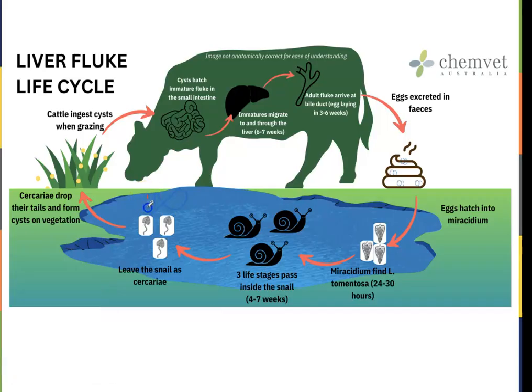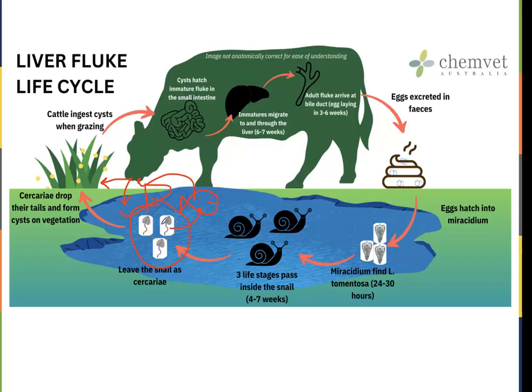So the fish, right, there's a fish. So the fish, if it were to take in this guy, and you eat the undercooked fish, you can get infected. But either way, if you were to take in the contaminated water with these guys, you can eat the freshwater watercress with these guys, or fish that have been contaminated as well, right?